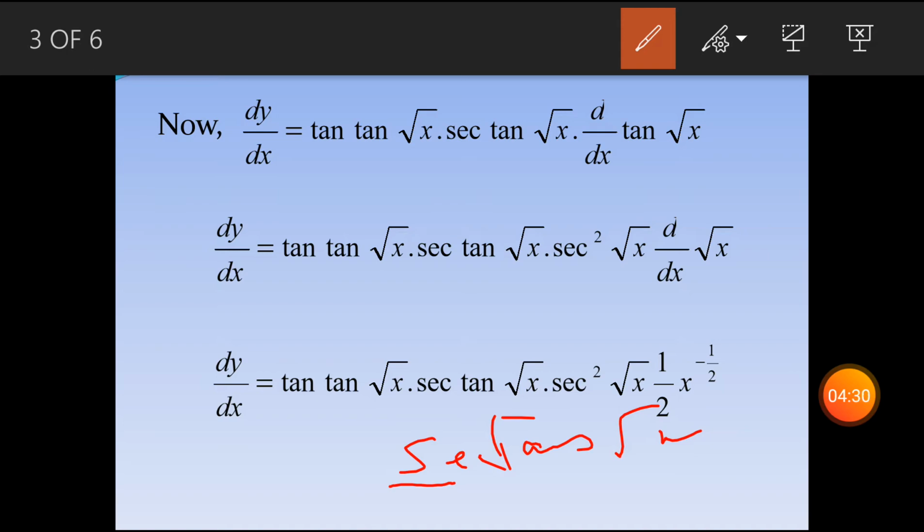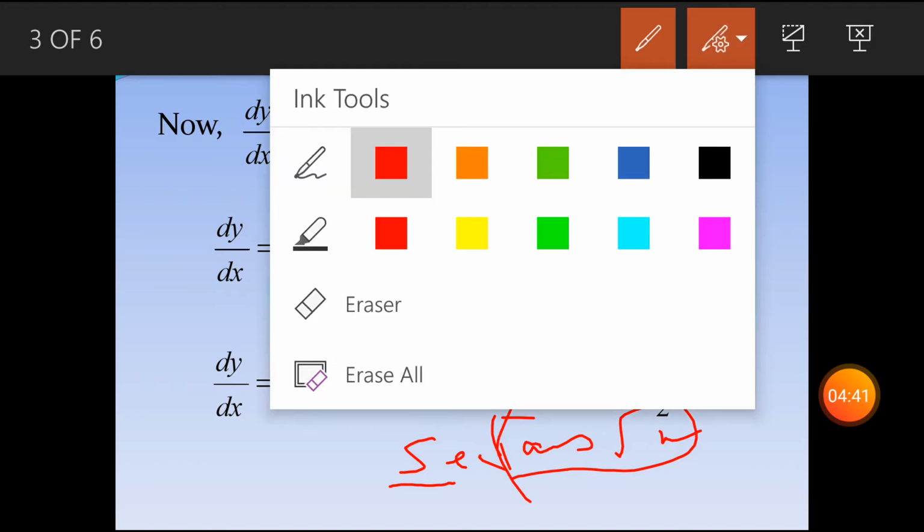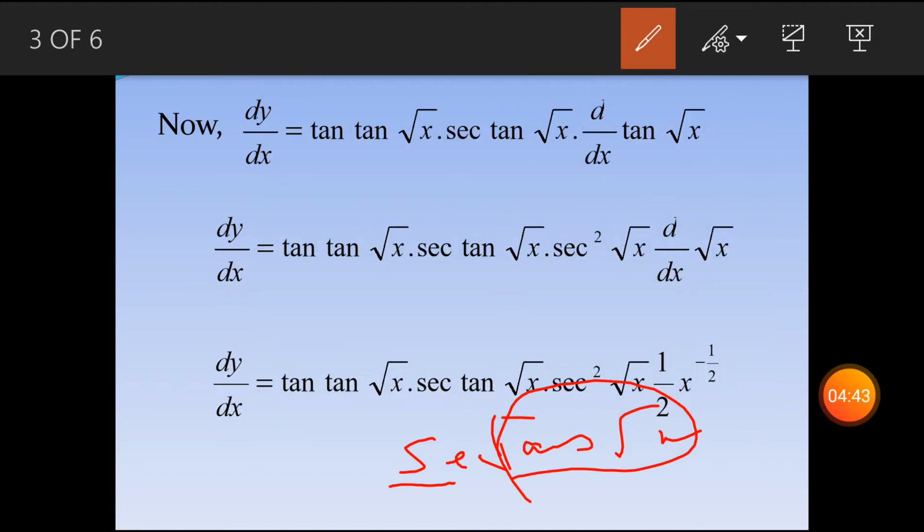That is tan root x, so we are going to replace it. Now tan root x was not the part of the standard function sec x, so we will redifferentiate tan root x. And then the tan formula gives sec square root x. But in place of x what is written here? Root x. So we will again differentiate root x.